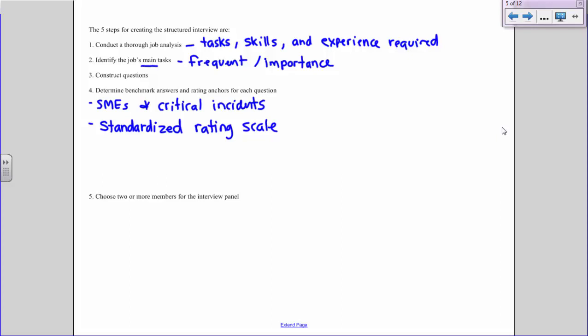And really, you have these anchors like satisfactory, unsatisfactory, excellent, and that enables the interviewers to keep score on all of the applicants' responses. And there's really 3 main approaches to doing these standardized rating scales. So the most clear cut and easy is the correct and the incorrect approach. So this is basically when some interview questions lend themselves to either have a correct or an incorrect answer, right?